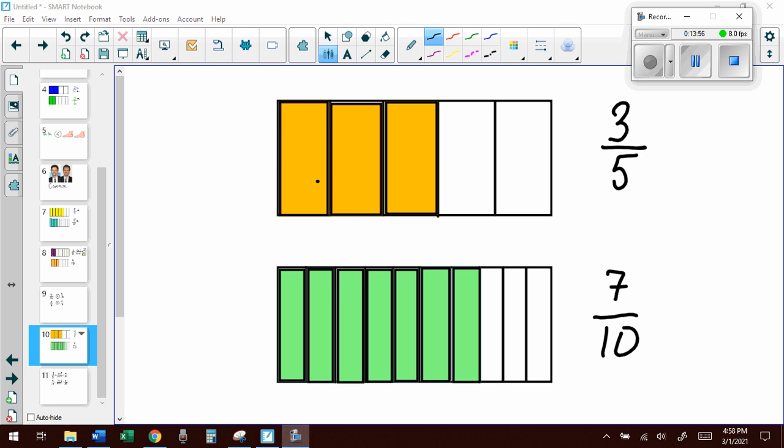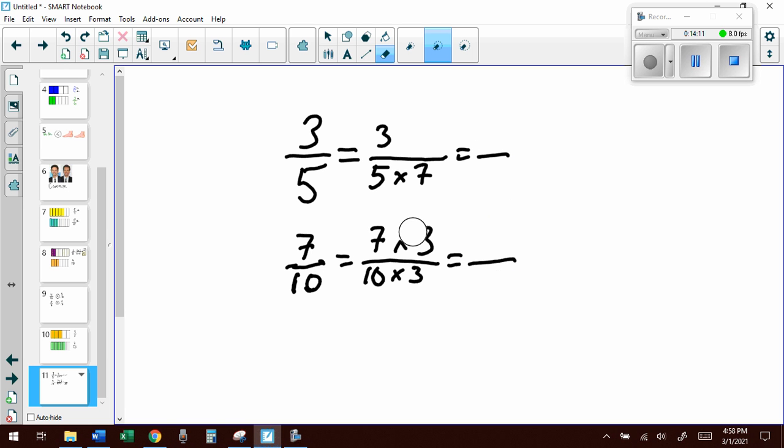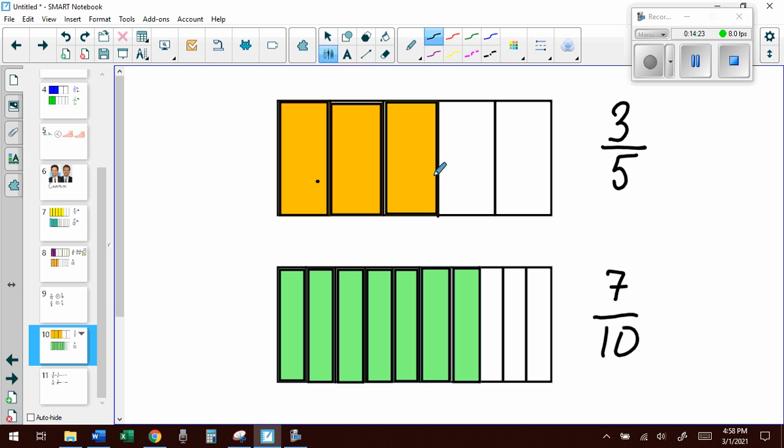So knowing that I just don't want to do that, I'm going back to the drawing board. There's got to be another way. I should be able to multiply and get a common something that helps me avoid partitioning this tape diagram into 35 pieces.